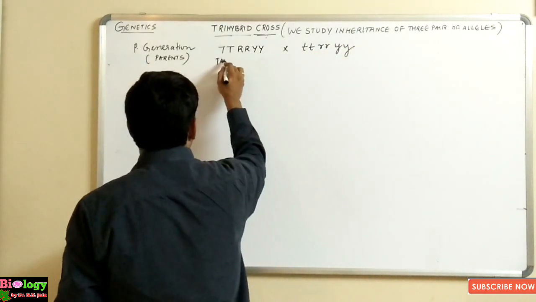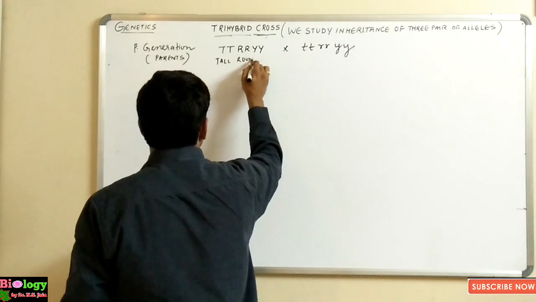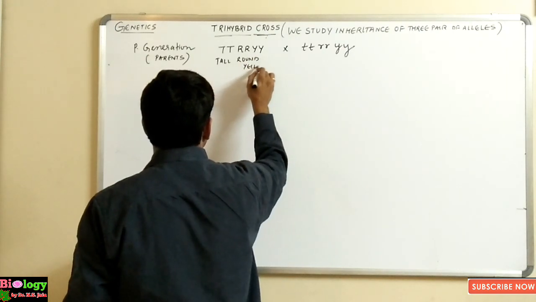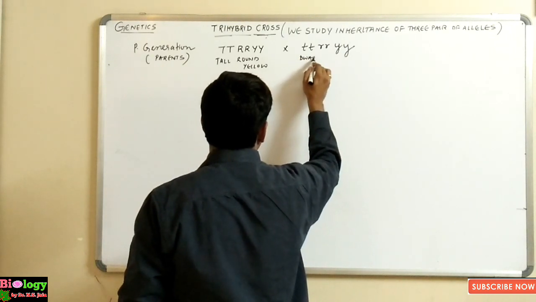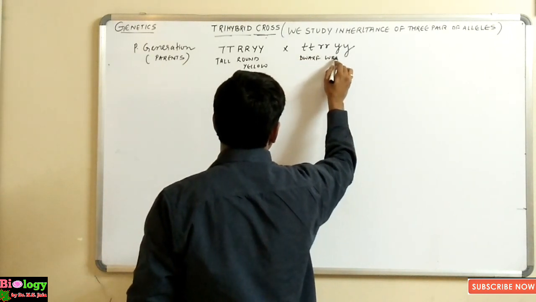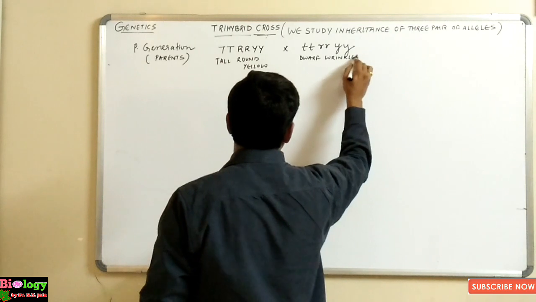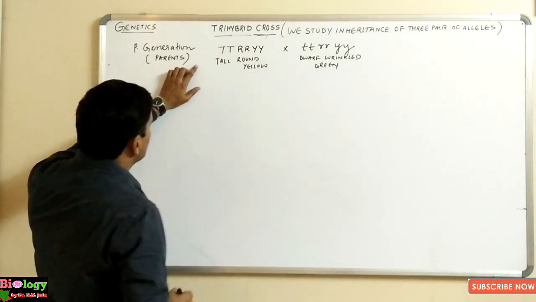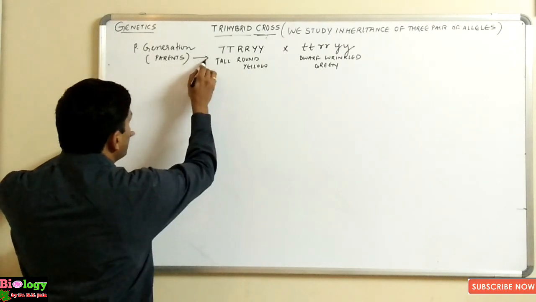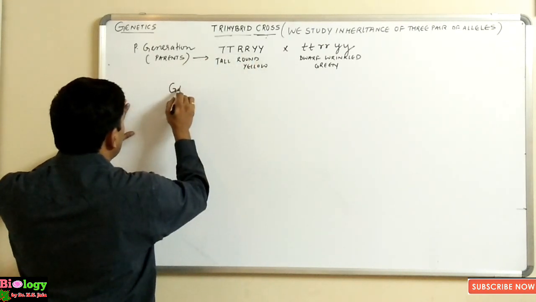This is the tall, round and yellow parent, and this is the dwarf, wrinkled and green parent.